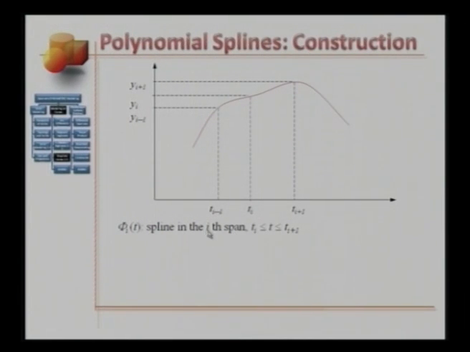The ith span would correspond to the values of t in between t i and t i plus 1. So here, this is the ith span. Let's assume that in the first span, for values of t in between t0 and t1, phi 0 at t0 and phi 0 at t1 are known.